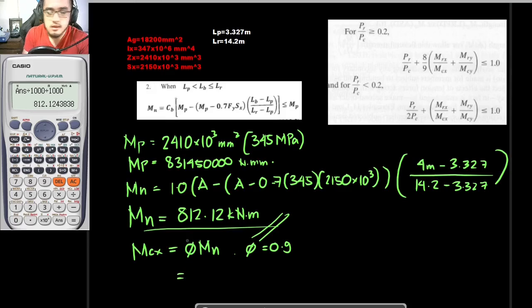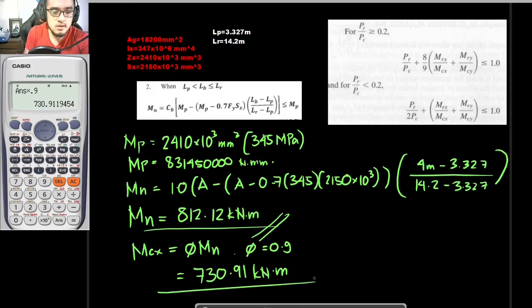And from that, our answer here would be, so I would just be multiplying our answer here in the calculator by 0.9. So from that, our Mn would now become 730.91 kilonewton meter. So there. And I think we're now complete. So meron na tayong Pr, Pc, meron na tayong Mrx, Mcx, and di natin kailangan tong Mry, Mcy.